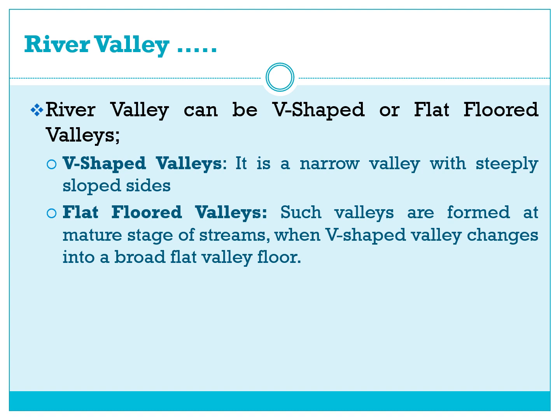River valleys can be V-shaped or flat-floored valleys. V-shaped valley. It is a narrow valley with steeply sloped sides. Flat-floored valley. Such valleys are formed at the mature stage of streams when the V-shaped valley changes into a broad flat valley floor.